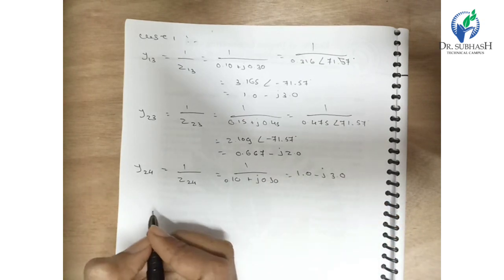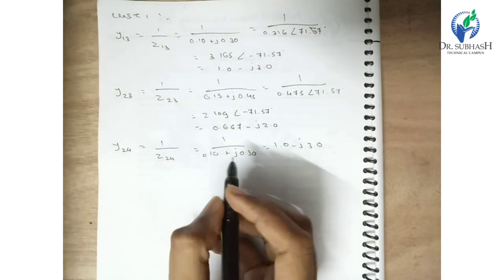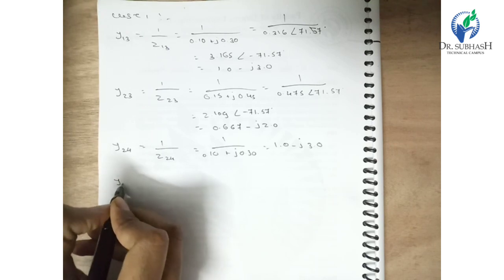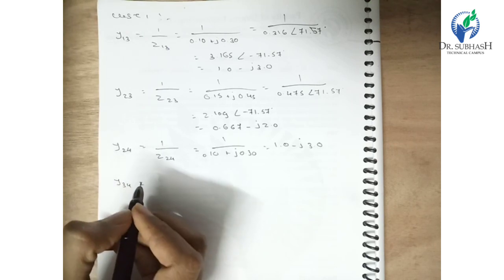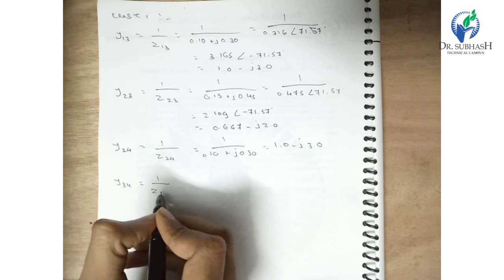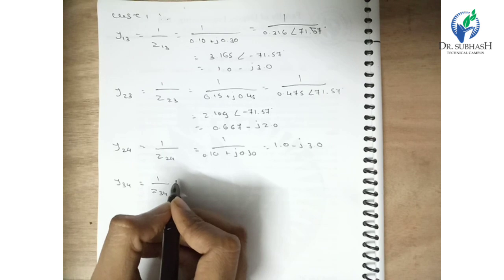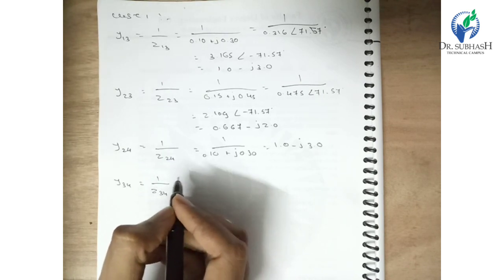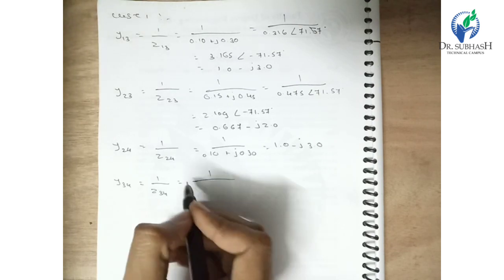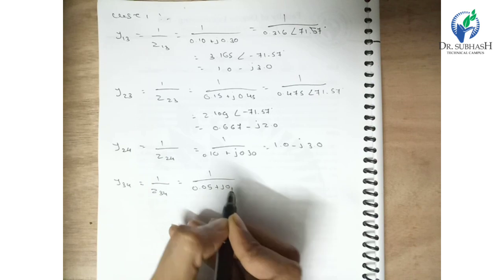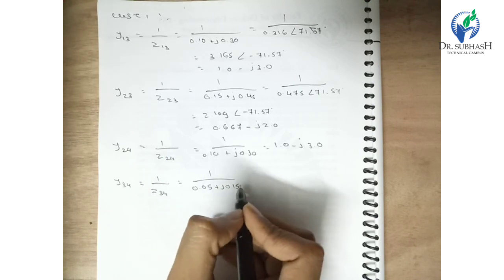In the same way, when we write the value of y34, it is 1 upon z34, which is 1 upon 0.05 plus j into 0.15.